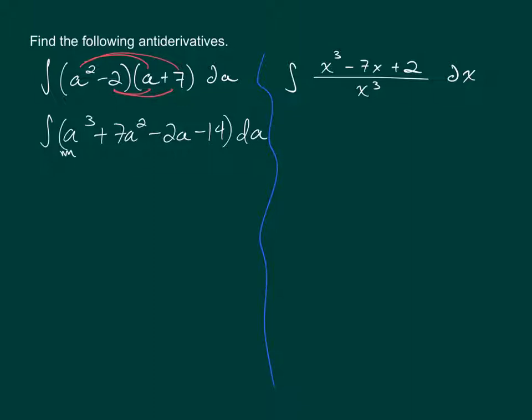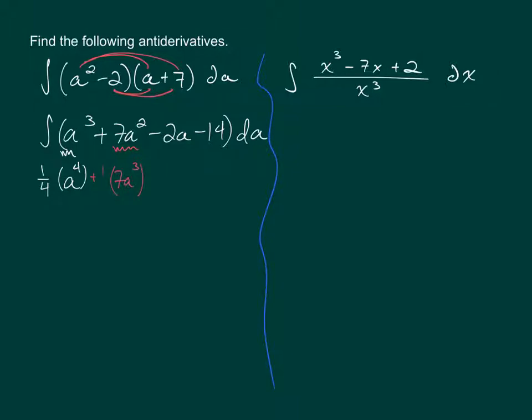This first term, a to the 3rd power. When you use the power rule, it tells you to add 1 to the exponent, so a to the 4th, and you multiply that times the reciprocal of the new exponent. Plus, I'm going to do 7a squared, so I'm going to have 7a, add 1 to the exponent, so 2 plus 1 is 3.